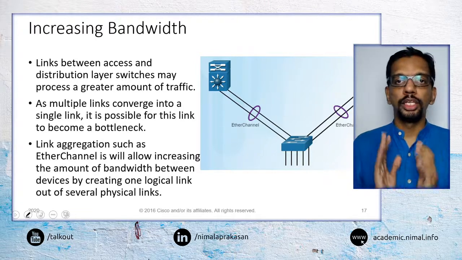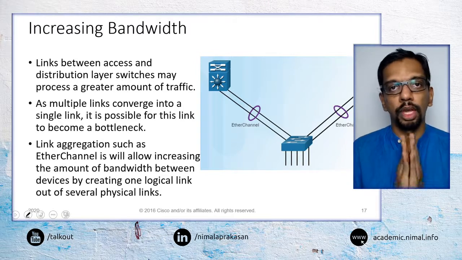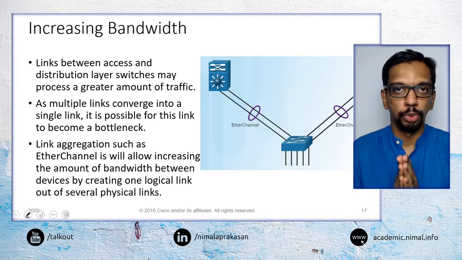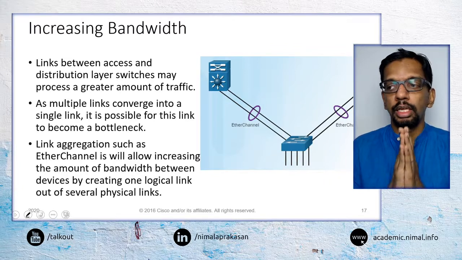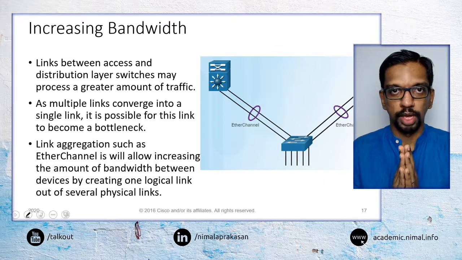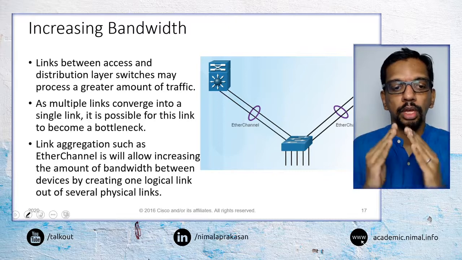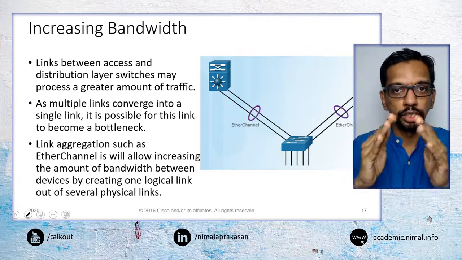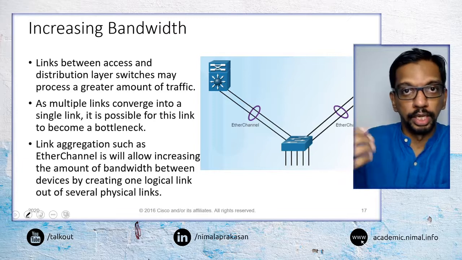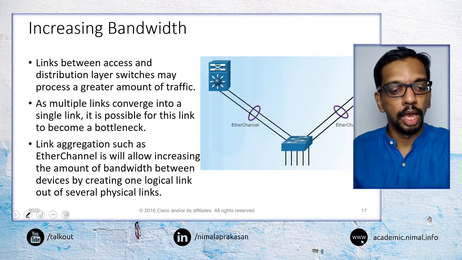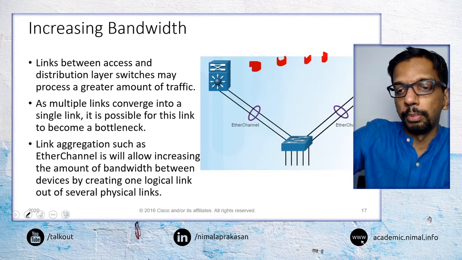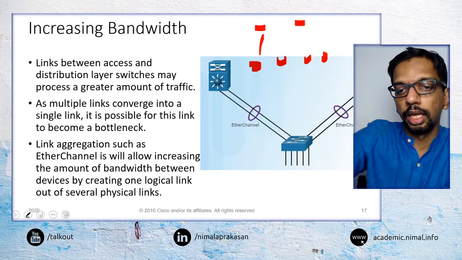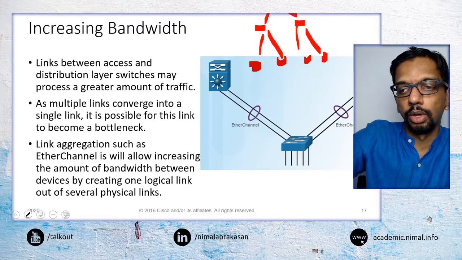One of the other issues that we may come across when we are talking about large-scale networks is the issue of bandwidth. So for example, if we are converging a number of connections into single switches, say if we think about a hierarchical network, we may start with a number of devices at the access layer, and now they are interconnected to a distribution layer, and then they are interconnected to the core layer.